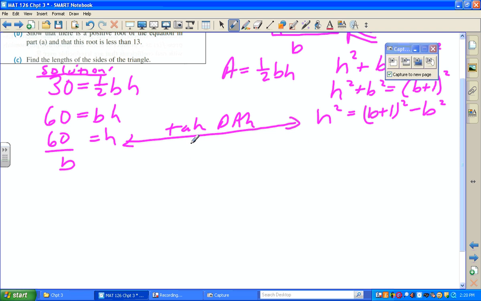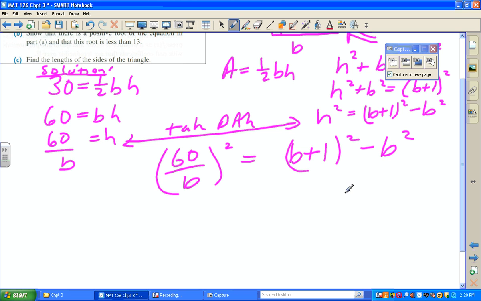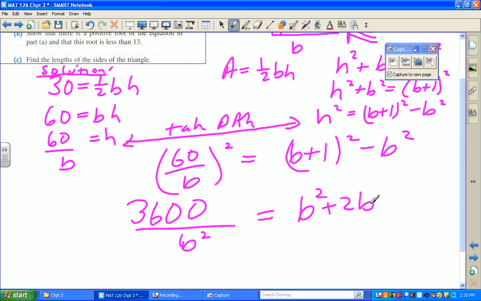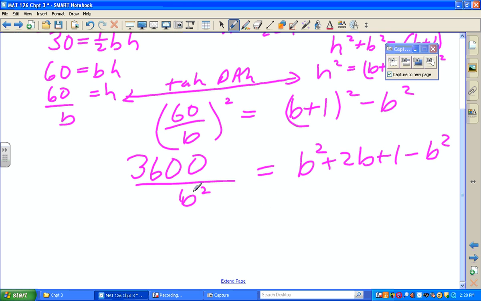So I have 60 over B squared equals (B + 1) squared minus B squared. What am I trying to get to? No, the equation. It says show that it's true. Does the equation have a denominator with B squared in it? No. Multiply everything by B squared.